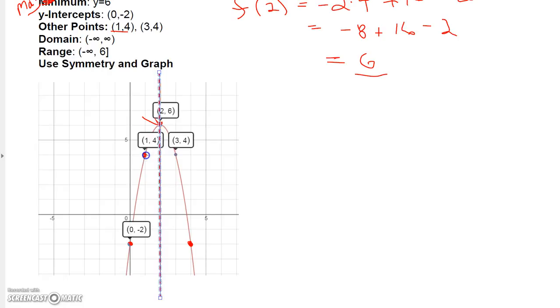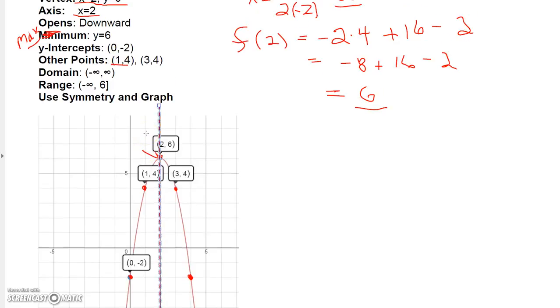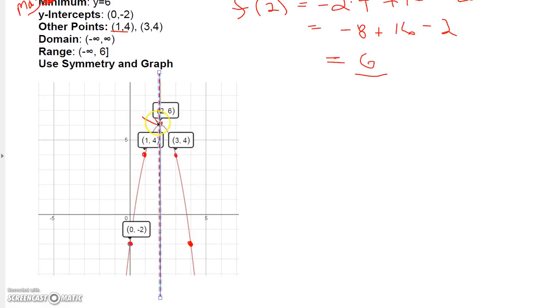Now, based on the symmetry, that's 1 unit to the left, so there must be another point 1 unit to the right. And that's how I got the point (3, 4). And actually, that's really all you need. From those 5 points, you should be able to draw a pretty decent parabola that goes through here.